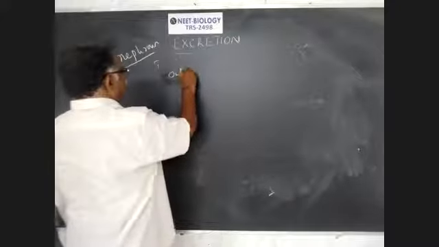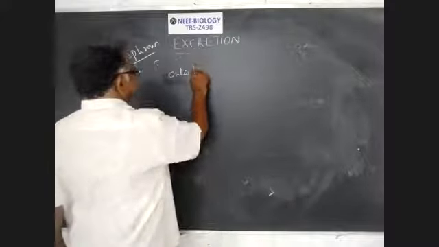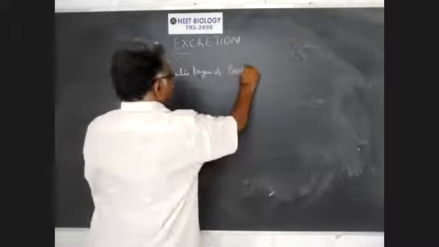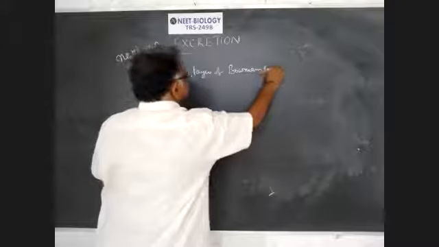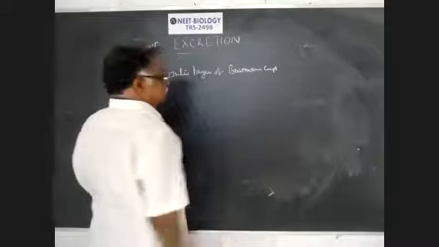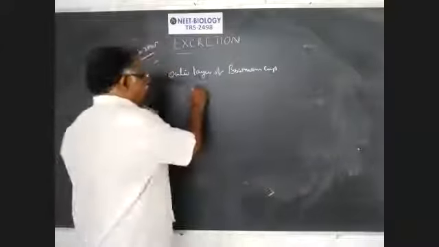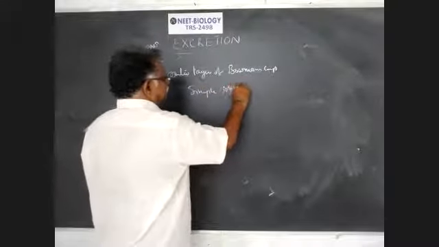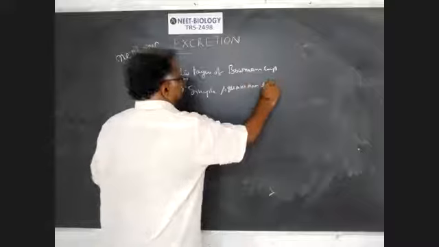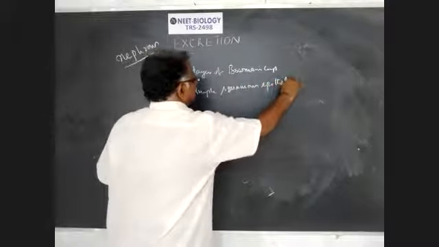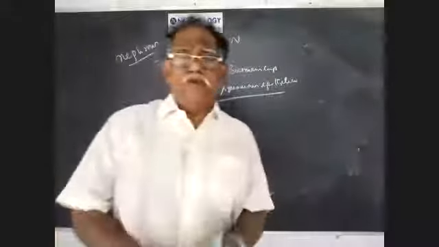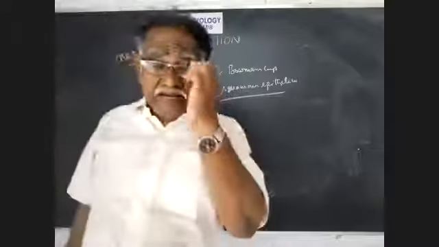Outer layer of Bowman's cup is made up of simple squamous epithelium. The outer layer of the Bowman's cup contains flattened cells.